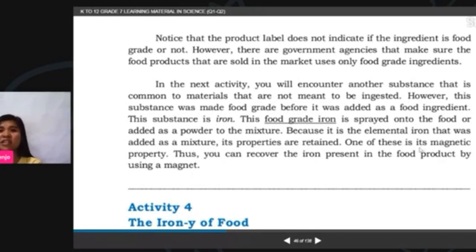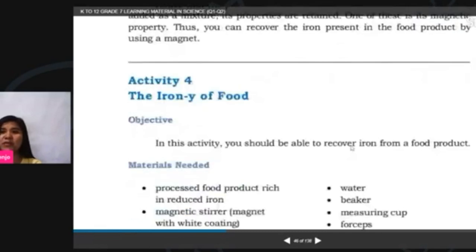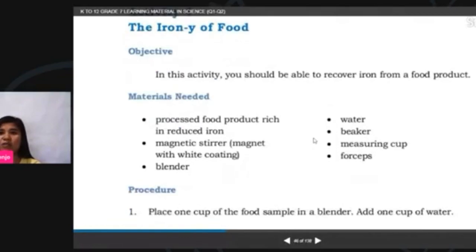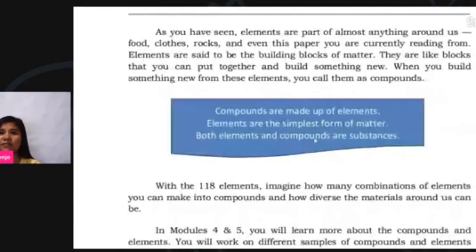Its properties are retained. One of these is its magnetic property. Thus, you can recover the iron present in the food product by using a magnet. In the next activity, you need to use a magnet or magnetic stirring magnet with white coating. I hope these are available.